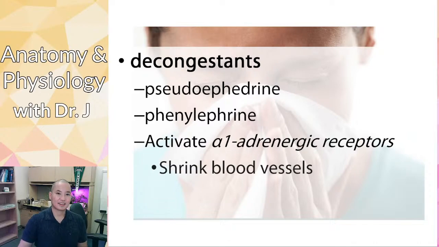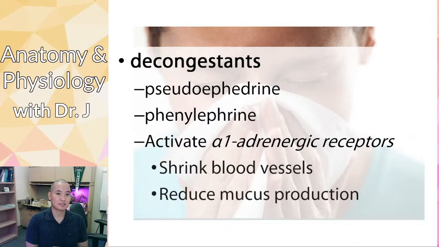And by doing that, that also decreases the mucus production in your sinuses as well. So that's why when you take pseudoephedrine or phenylephrine, you feel that relief of pressure, because you don't have as much blood going to that area, and consequently you don't have as much mucus going to that area.